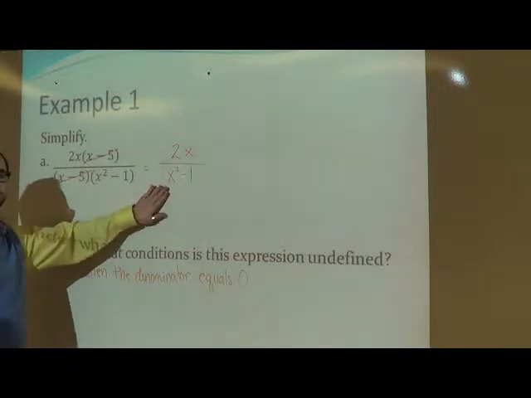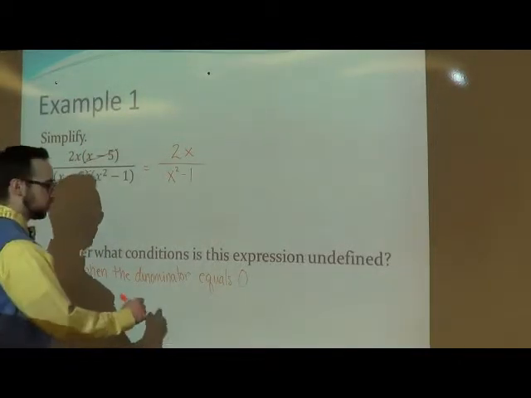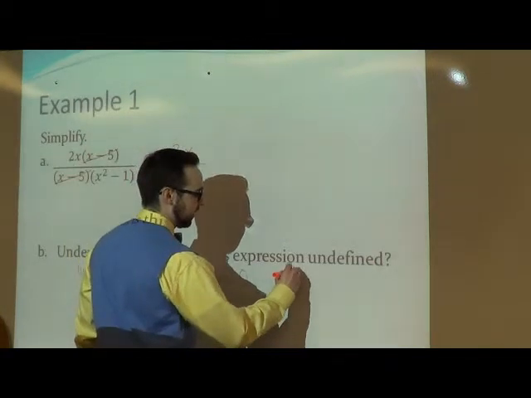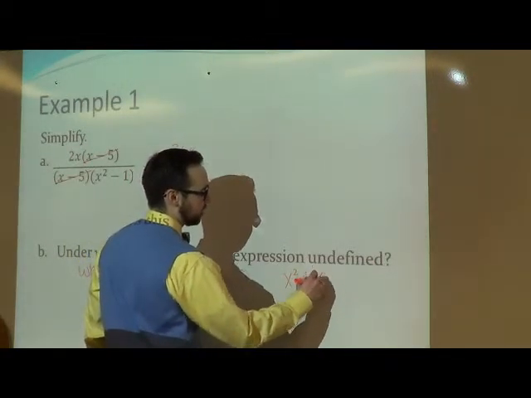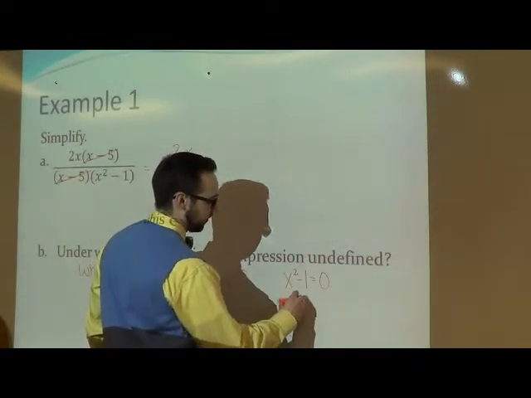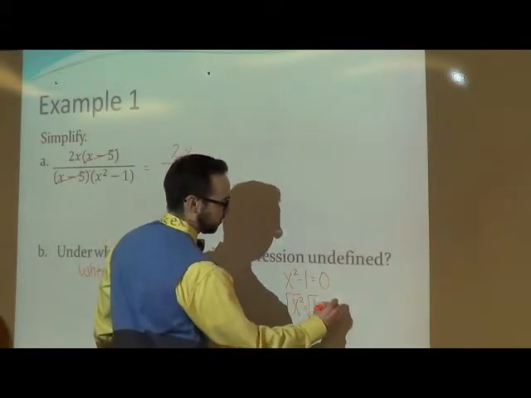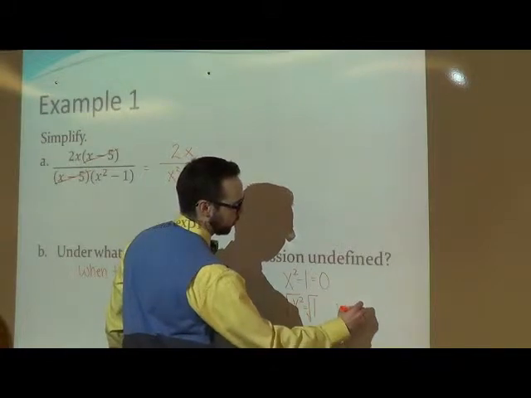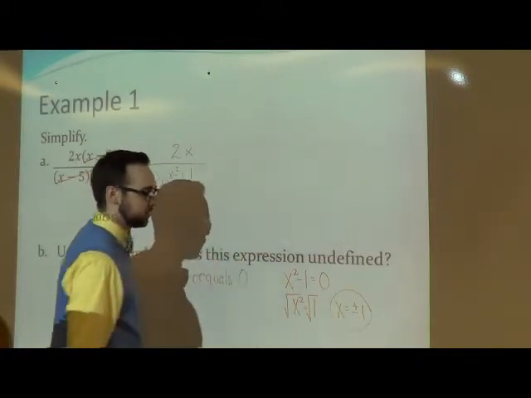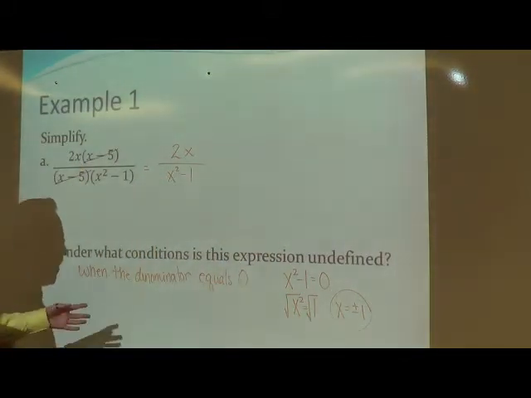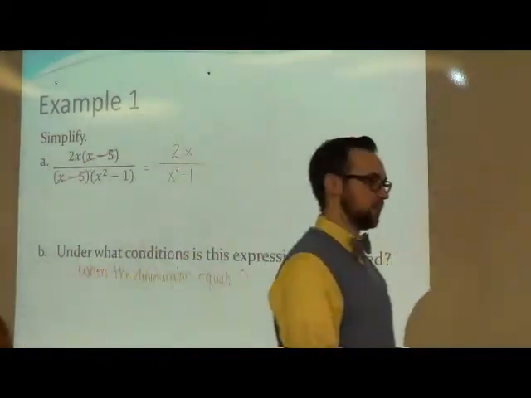Well, when does this equal 0? So I'm going to set that equal to 0 and we're going to solve it. I say x squared minus 1. Whatever's in the denominator, you set it equal to 0. So we have x squared is equal to 1. Take the square root. x is equal to both plus and minus 1. So when x is plus and minus 1, this whole thing is undefined.